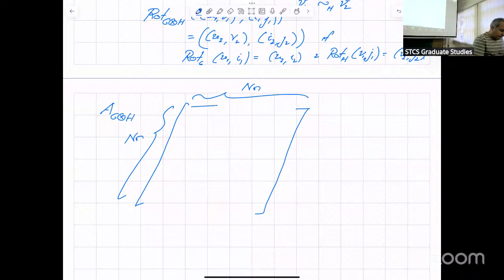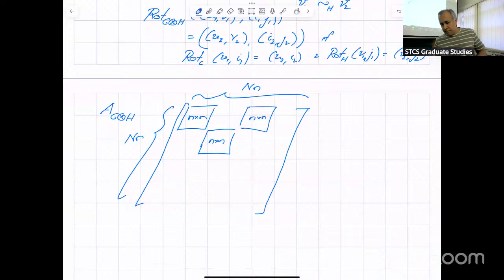You can think of it as being broken up into chunks, each of which is itself an n cross n matrix, in which you put the adjacency matrix of H. For every such n cross n square, you put the adjacency matrix of H, scaled by whatever the global adjacency matrix of G says for that entry.